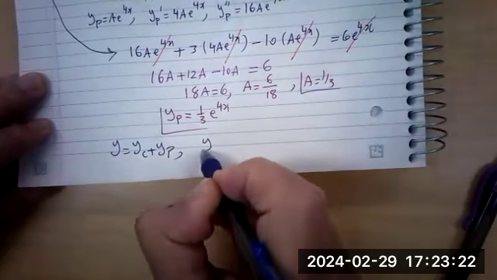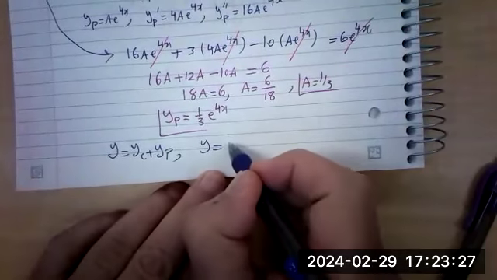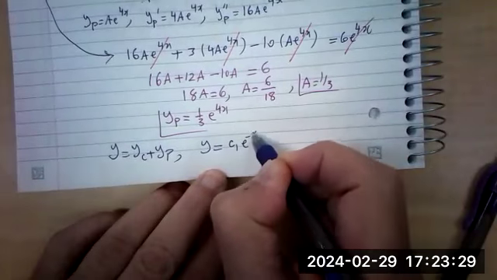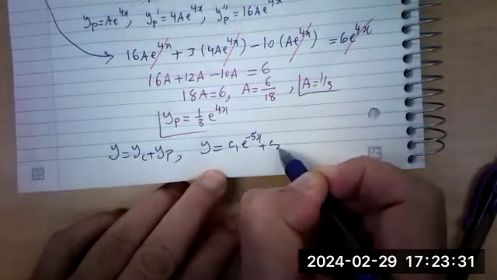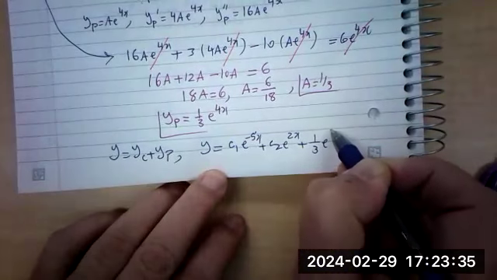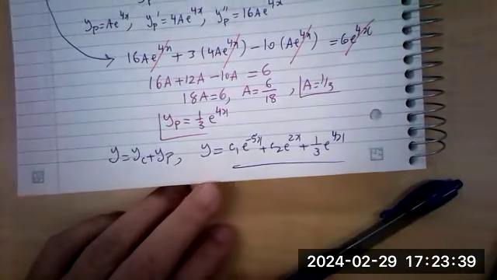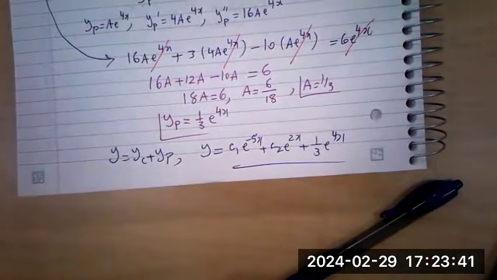I'll substitute. Remember your yc was c1 e to the negative 5x plus c2 e to the 2x, plus 1/3 of e to the 4x. And you're done. This is the way we are going to solve it. This step is done.